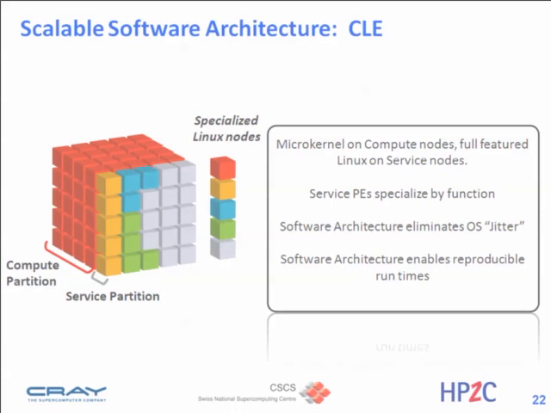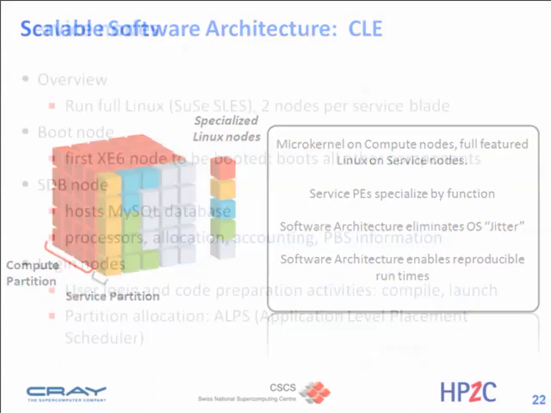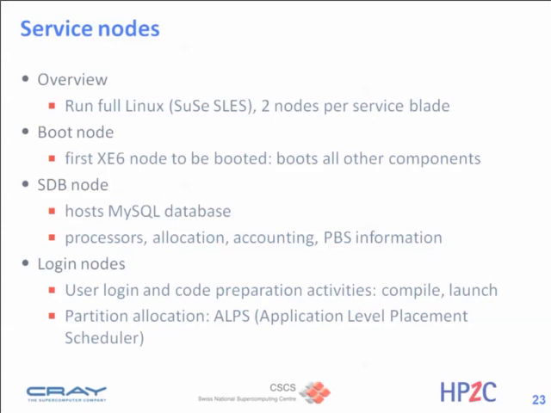These are the nodes, for example, where you log in when you want to compile your application, and I/O nodes that are connected to the I/O subsystem, so to speak. So other nodes that provide specialized operating system support functions. For example, the service nodes run a full SUSE Linux operating system.